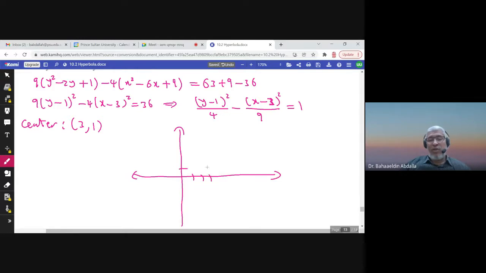This is 3, this is 1, 2 units up and down, 3 units right and left. Draw the fundamental rectangle and the asymptotes. Y minus 1, so the vertices are here.